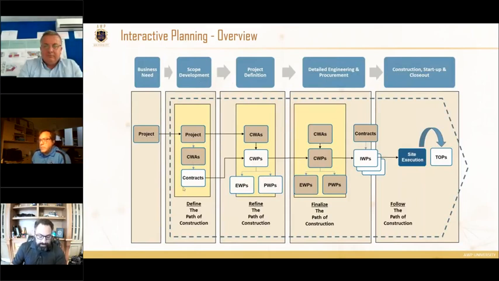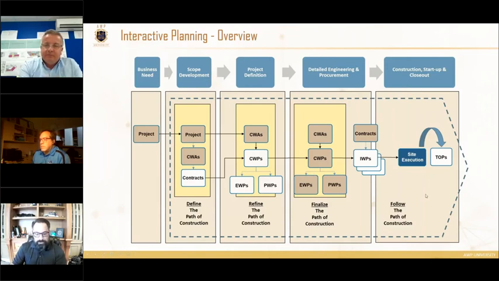Being the scope definition, which is basically the initial definition of the CWAs and the basis of the project. Then we get into project definition, where we're starting to break down into CWPs, getting discipline specific now. Then we start to get into such things as our IWP release plans, definition, tying it to engineering, making sure that those packages are tied in detail to it.